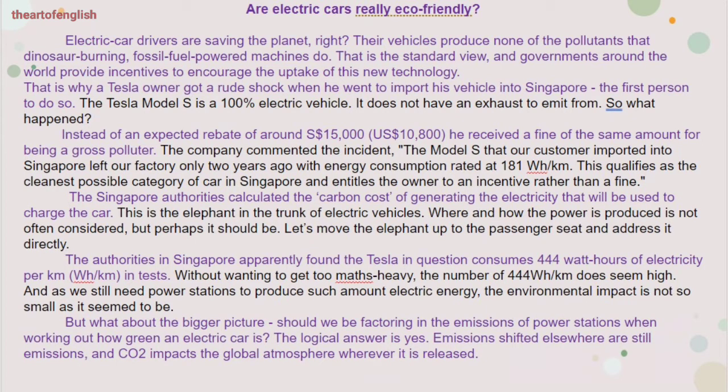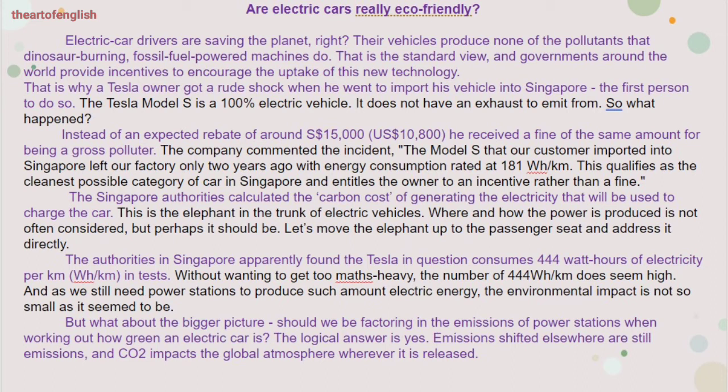And then in the next paragraph, the authorities in Singapore apparently found the Tesla in question consumes 444 watt hours of electricity per kilometer in tests. And in the last paragraph, you can highlight this. But what about the bigger picture?